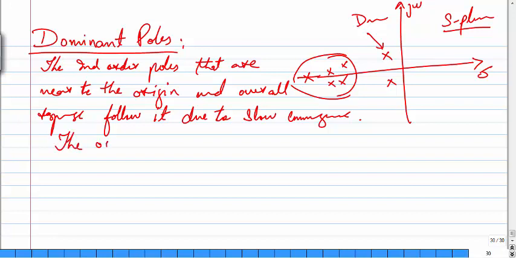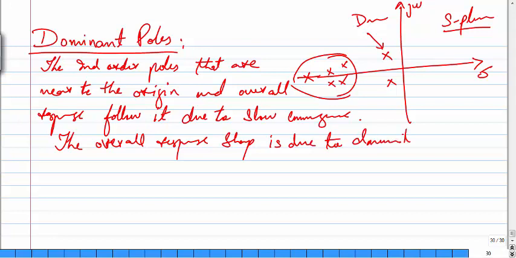The overall response shape is due to dominant poles. So this is the basic idea.